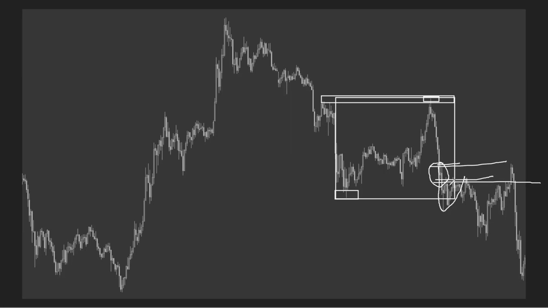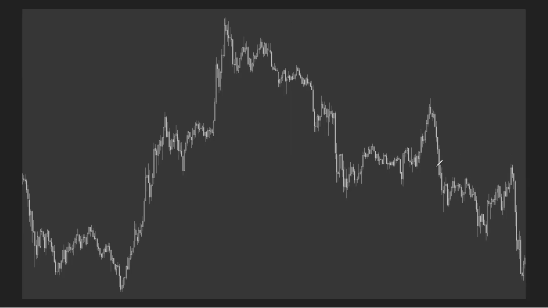Comes back, tests the area from which price left with good momentum, and then continues to break down. But next time price comes back here, that's been totally washed out. Okay, there's no more sell side liquidity in there. So next time price comes back here, it's likely going to push all the way up to the top of that FTR.